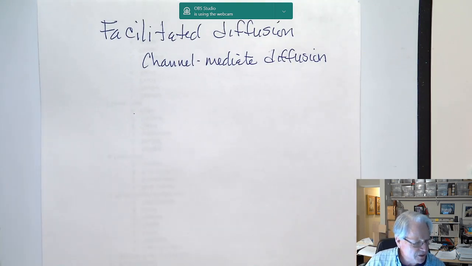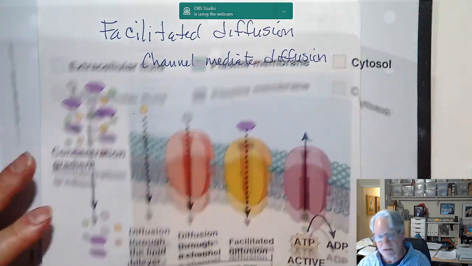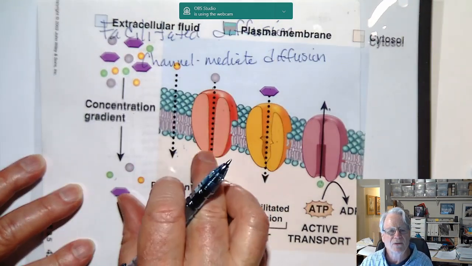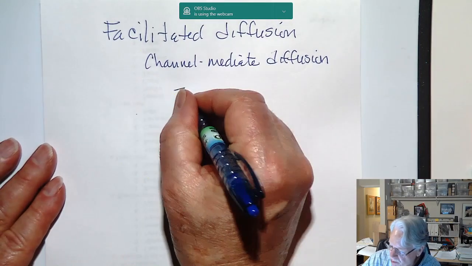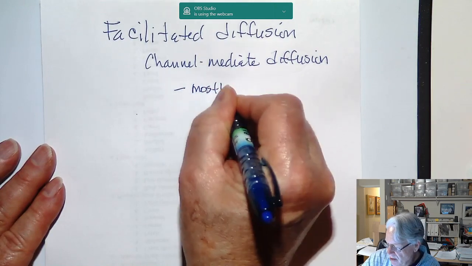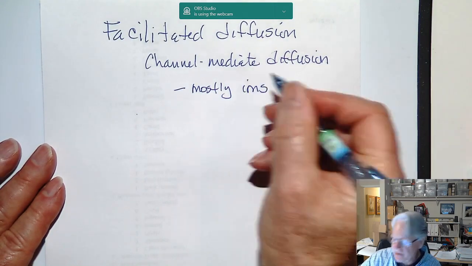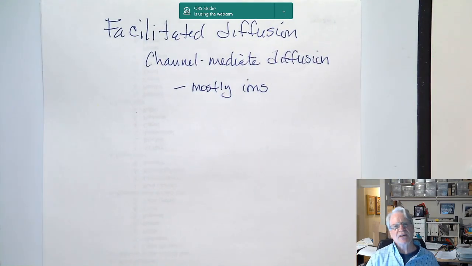And let's again remind ourselves what we're talking about here. So this is it right here. We're moving through some sort of unobstructed pathway. And for the most part, we're going to be talking about ions. Mostly ions are going to use this mechanism. So not necessarily all the time, but mostly ions is what we're looking at.